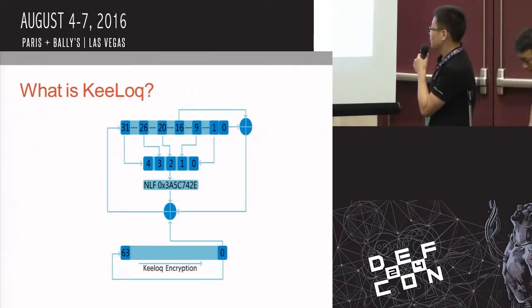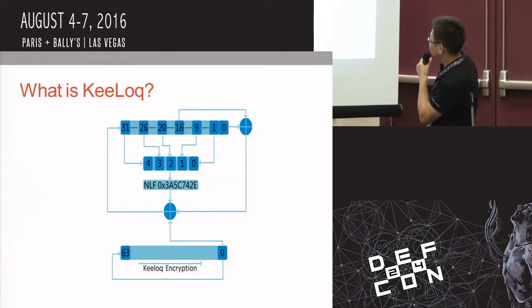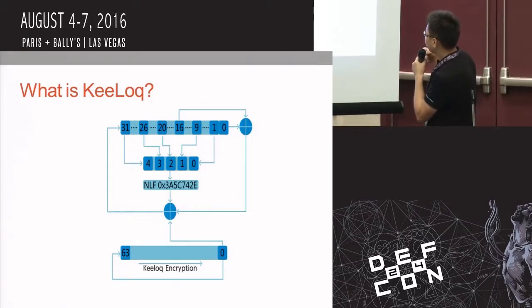Now we do the XOR of bit 0 and bit 16 of the data and bit 0 of the encryption key, and now we get the encrypted bit.